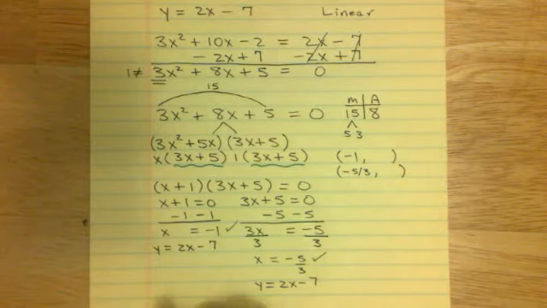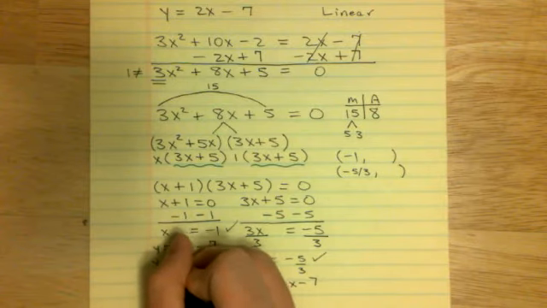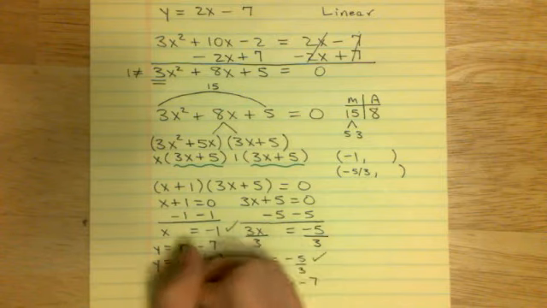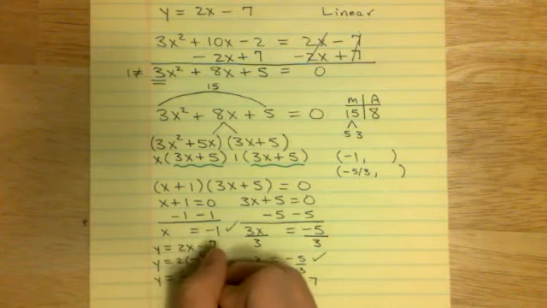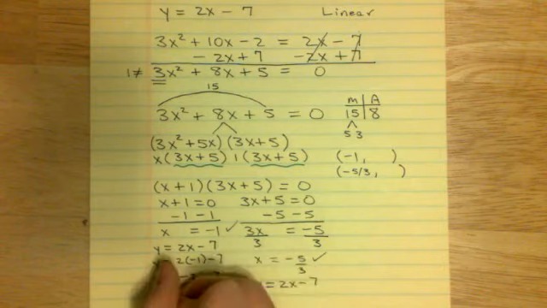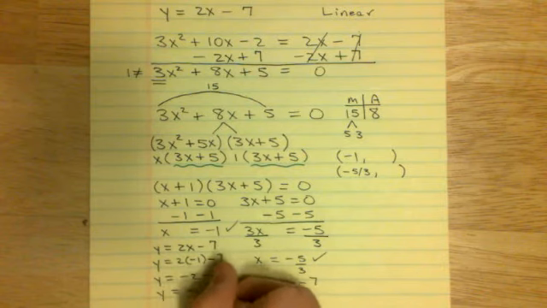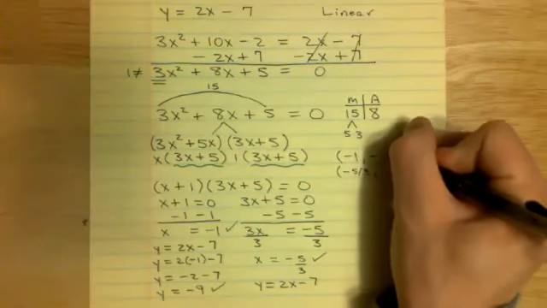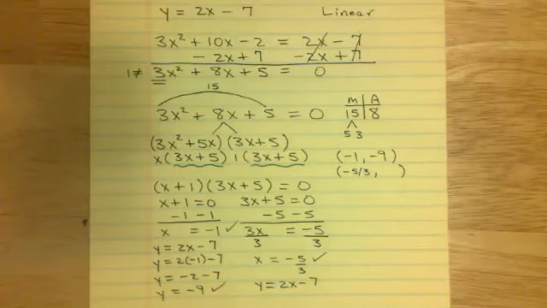So I plug in negative 1, and what do I get there? 2 times negative 1 minus 7. That's going to be negative 2 minus 7, which is negative 9. So I'm going to take that negative 9 and put it next to the negative 1 here.